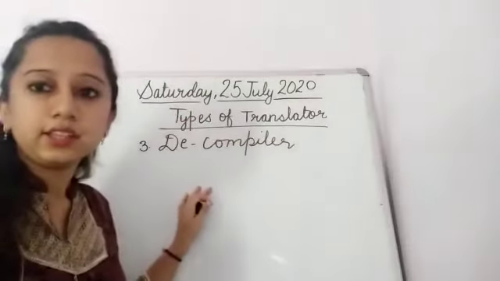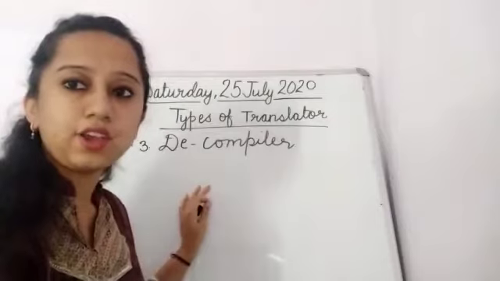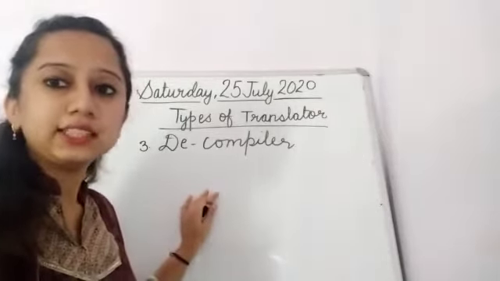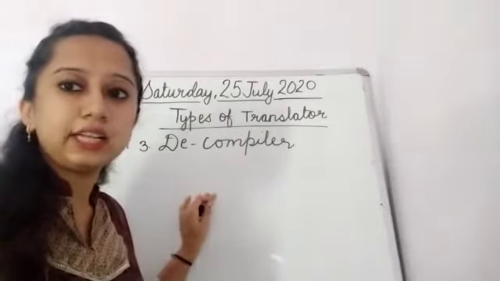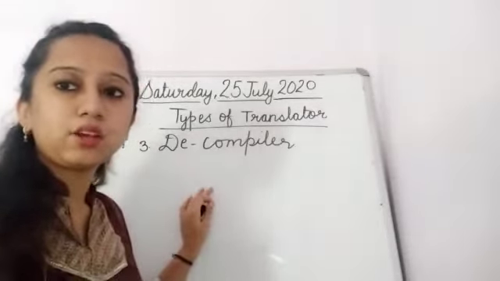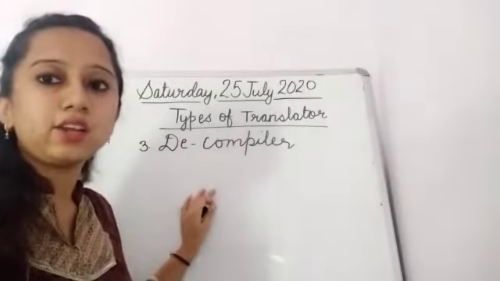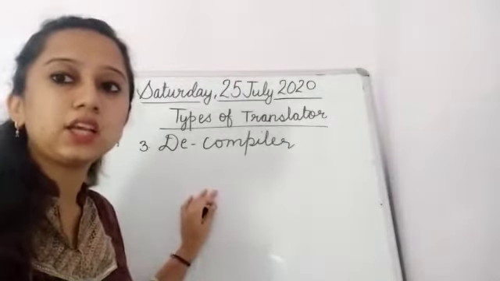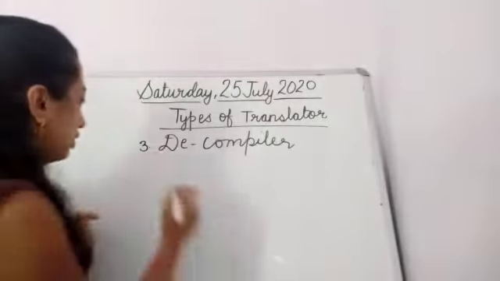So here this is your next type of translator and you can say your decompiler is the opposite of compiler. Just now I have told you that compiler changes or translates high level programming code into low level language. So here your decompiler is the opposite of compiler and it changes low level language programming into high level language.